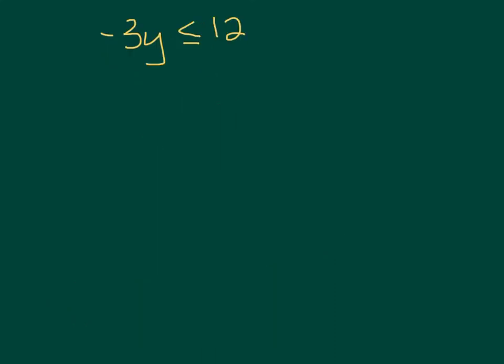Okay. Next one, we have negative 3y is less than or equal to 12. To solve this, I need to divide by negative 3. Now I'm dividing by a negative, and from our first slide, we know that when I multiply or divide by a negative, I have to flip the inequality. So I'm going to go ahead and do that. Those cancel, we get y, and 12 divided by negative 3 is negative 4. Alright, my number line.